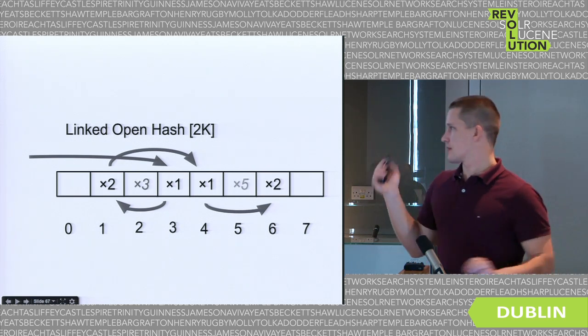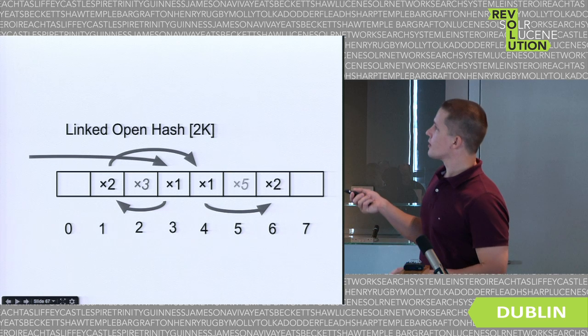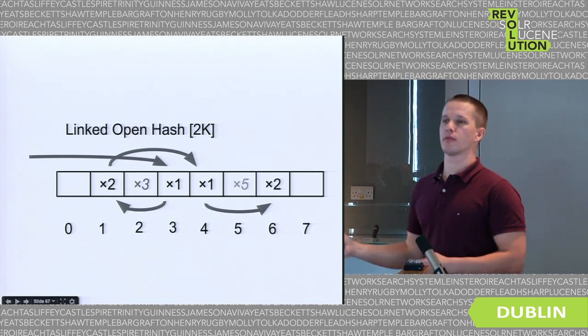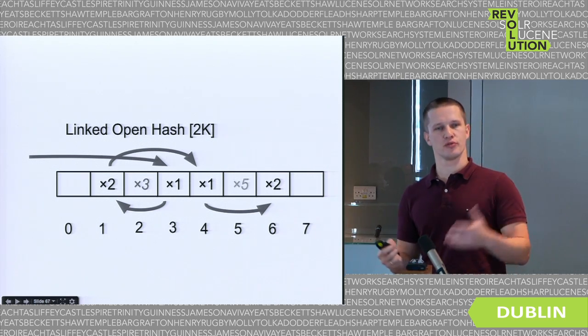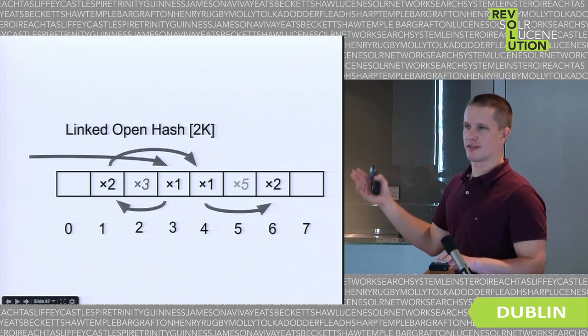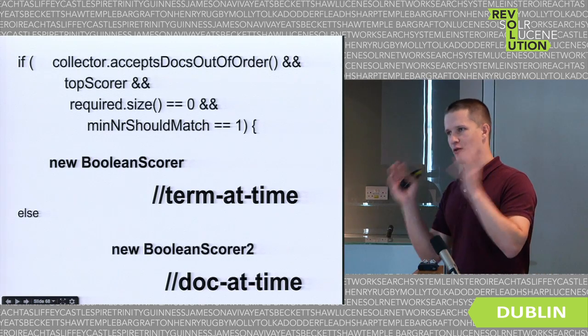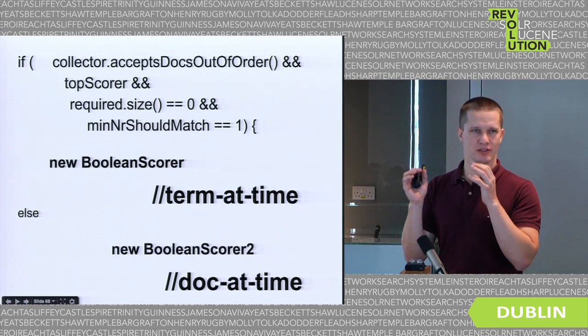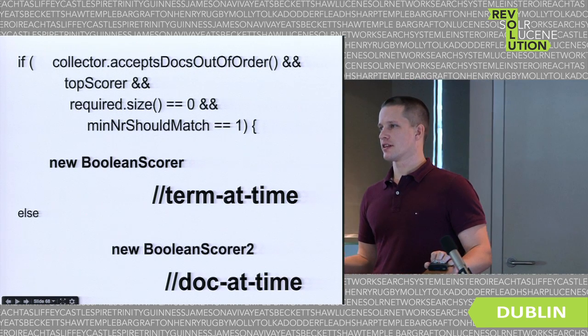Just to wrap up and summarize this section: if we have a short disjunction query, which algorithm do you prefer to choose? What's the feeling? The query is short and it has optional clauses. Which algorithm do you choose?